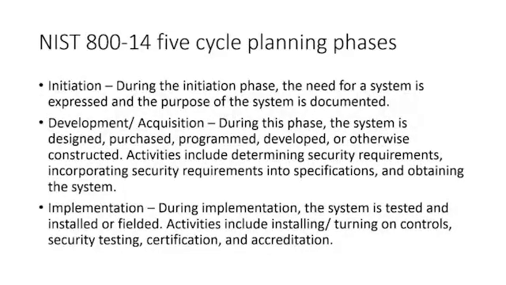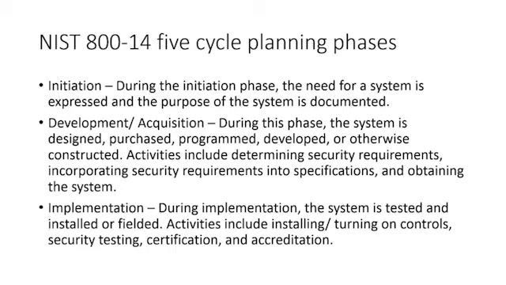Once we have the request come through, we get into the development and acquisition stage. During this phase, the system can be designed, purchased, programmed, developed. Somehow it's put together, it's constructed, because that's the whole engineering part of it. We need to determine security requirements at this point. We're going to look and say, what requirements do we have when it comes to security?